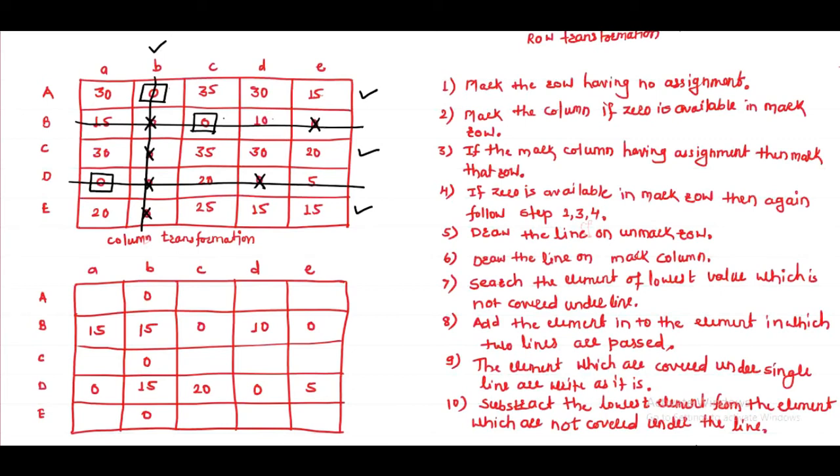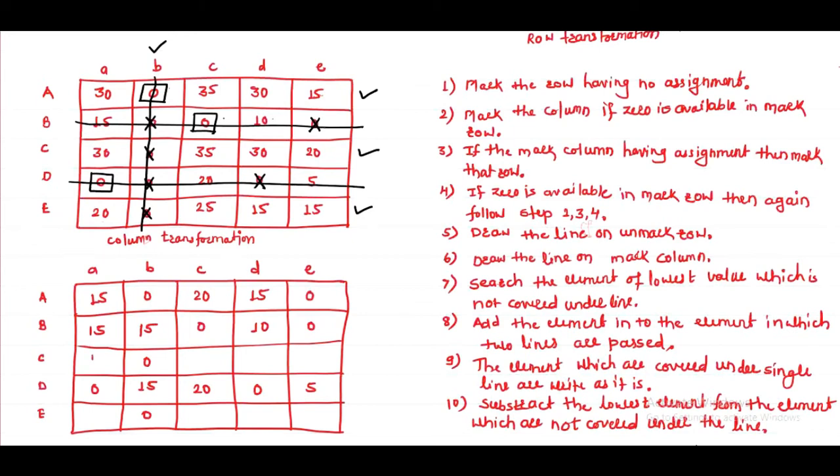Out of these we already found the smallest element. Now we have to subtract that smallest element from these elements. So 30 minus 15 is 15, 35 minus 15 is 20. 30 minus 15 is 15. 15 minus 15 is 0.